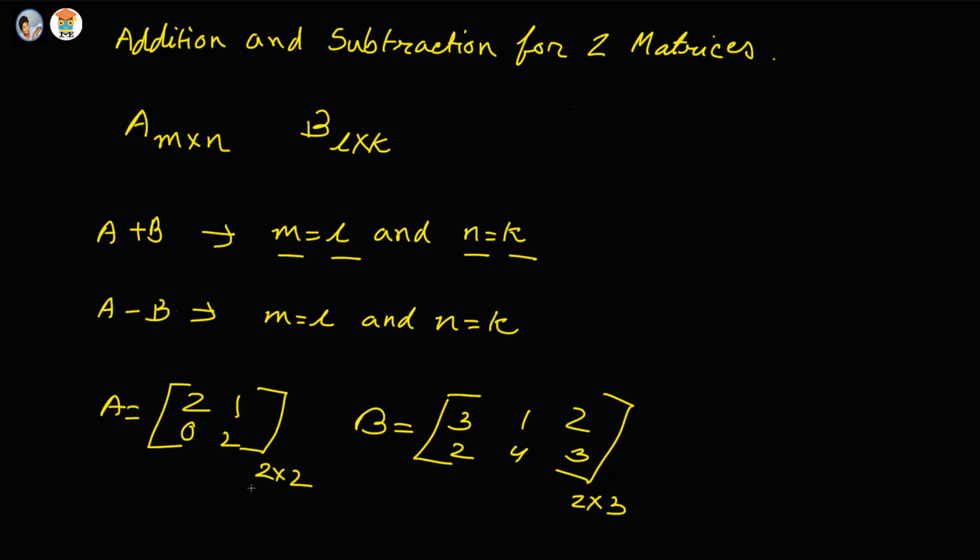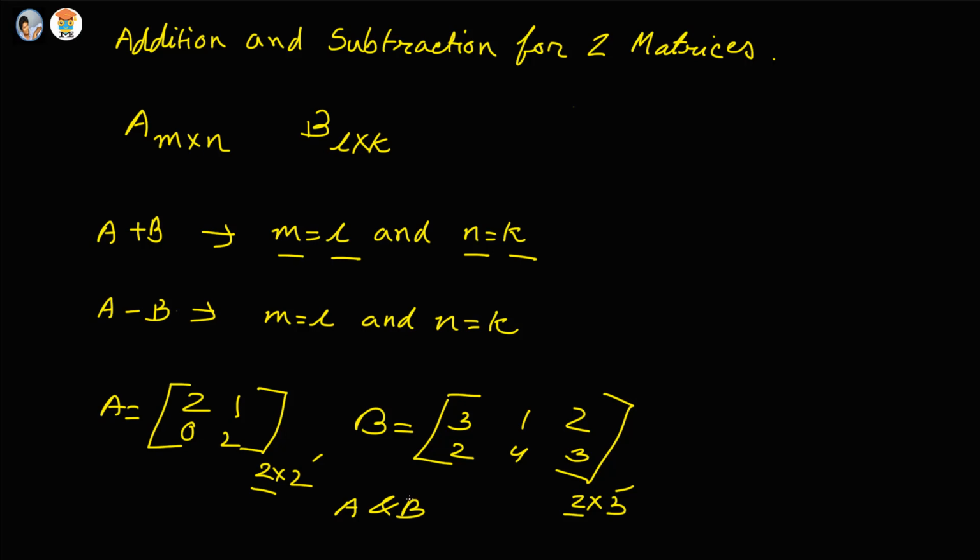Here, though the number of rows for A matrix is equal to the number of rows of B matrix, the number of columns of A matrix is not equal to the number of columns of B matrix. So we can't add A and B, or we can't subtract B from A.